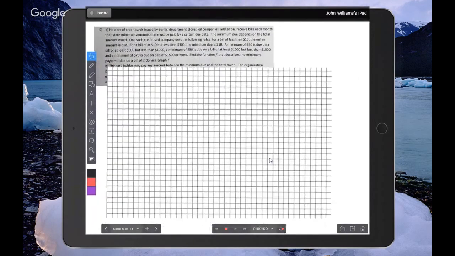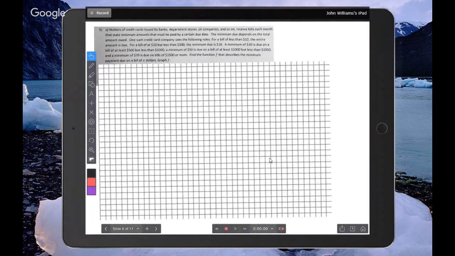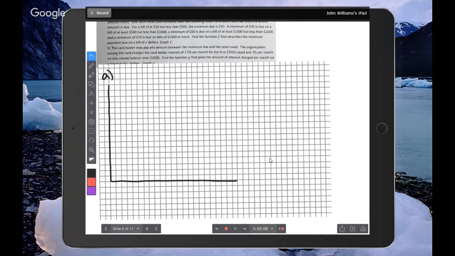I don't need part B right now. So this is A, and my graph is nice and positive. All right, A was find the function and graph it.